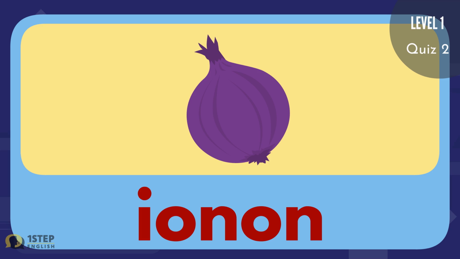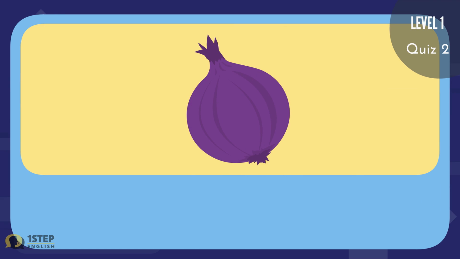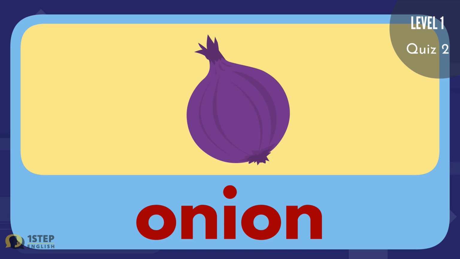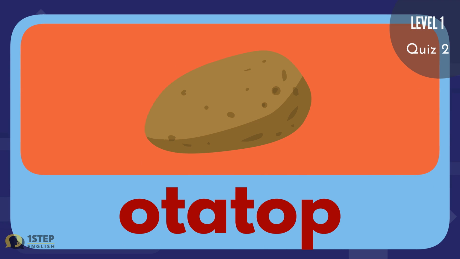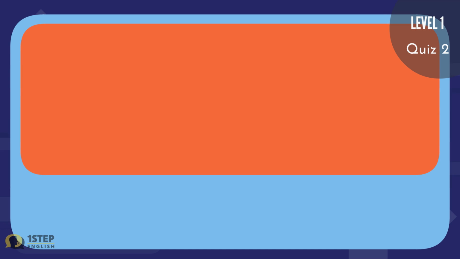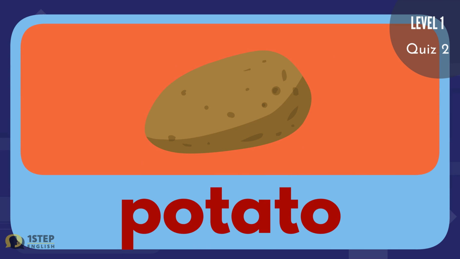I-O-N-O-N. The correct answer is onion. O-T-A-T-O-P. The correct answer is potato.